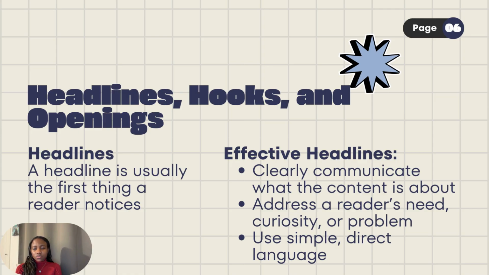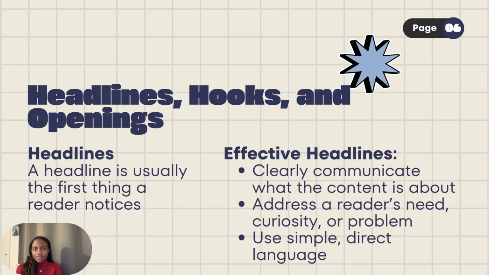An effective headline would also address a reader's need, curiosity, or problem. This is an example of a headline: 5 ways to become rich in the next 10 years. 5 ways to build your writing portfolio. These are examples of a headline. You're telling your readers what your content is about, and you also give them an insight into whatever solution you're providing.